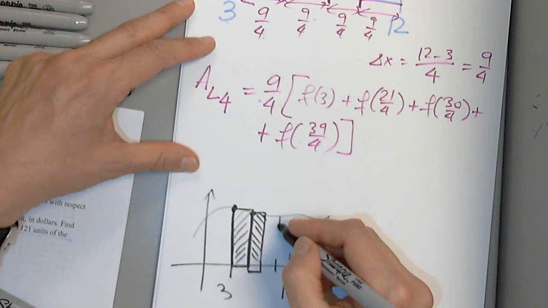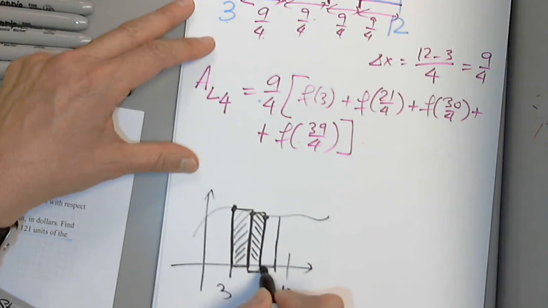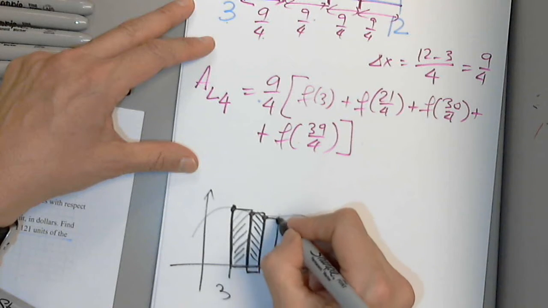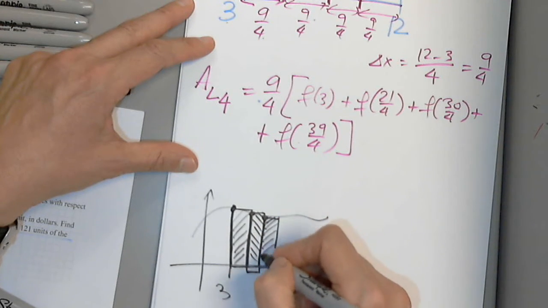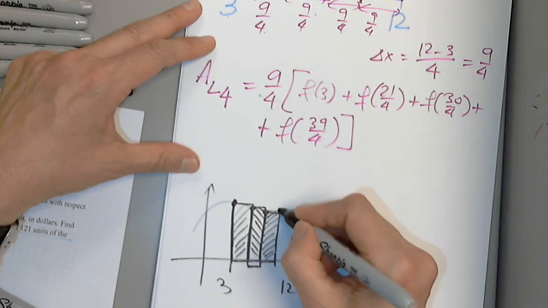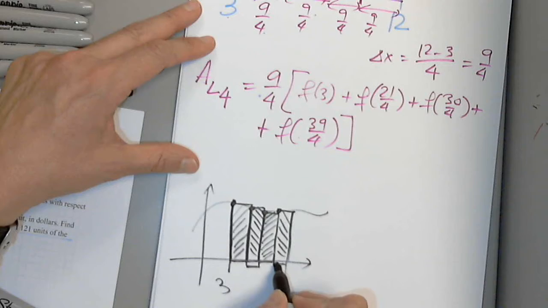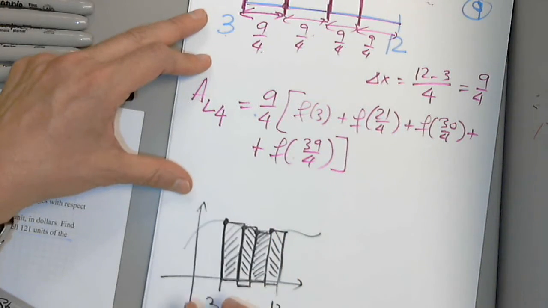The next is this height times the base. And I get this. And the last one is this. Base, which is 9/4, that's why I put it outside. 9/4 times f of 3 plus 9/4 times f of this plus 9/4 times f of this plus 9/4 times f of this.